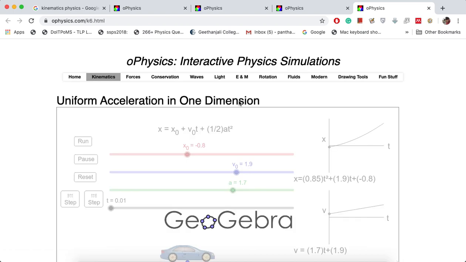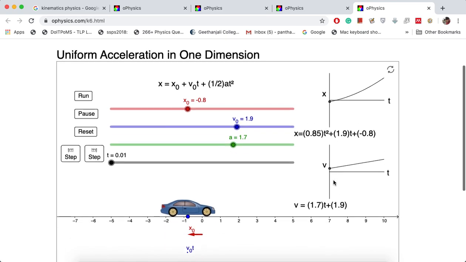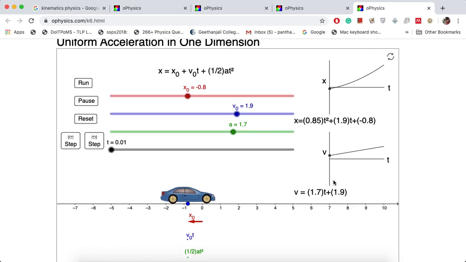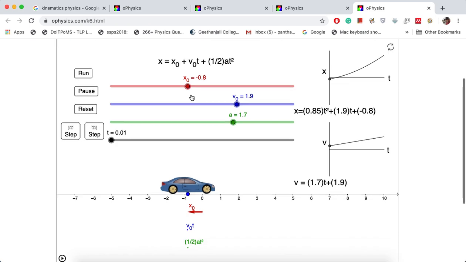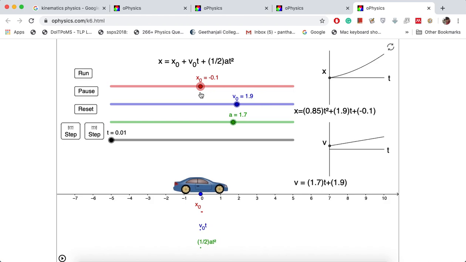Here I'll explain how the velocity and the time vary graphically. This is the relation which we have already derived. Here the s is replaced with x, and x naught is the initial distance. For example, I will make the initial distance 0, so there is no importance of x naught. Here v naught is the initial velocity, which in our equations we have called u. This is half at square, where a is the acceleration.